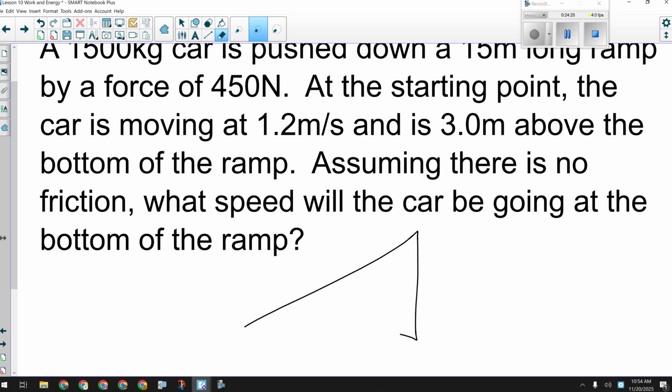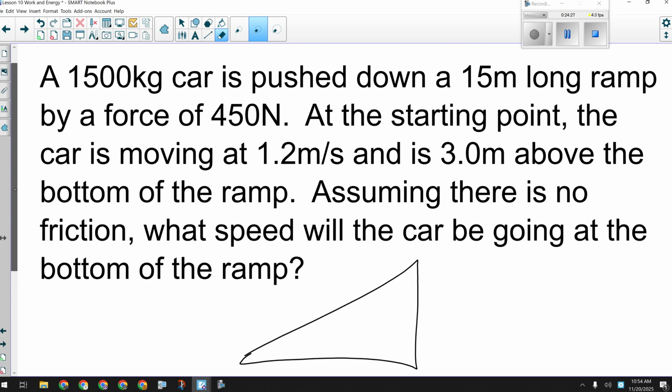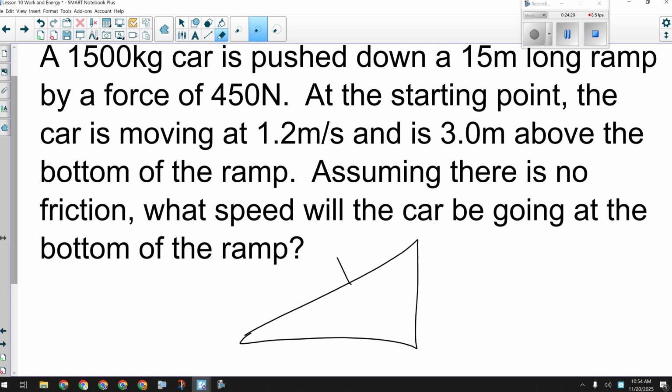Start that over again. So we have this ramp, and we have a 1,500 kilogram car on this ramp. We know the ramp is 15 meters long, and there's a force of 450 newtons pushing it down the ramp.